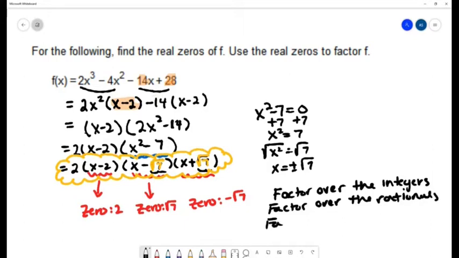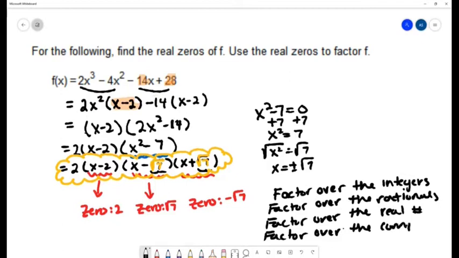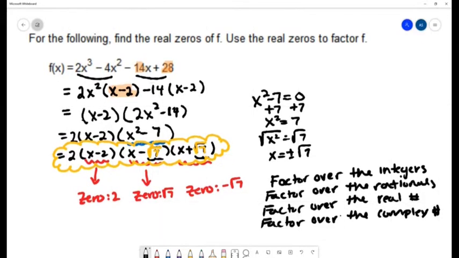We can factor over the real numbers, and we can factor over the complex numbers. And all of this is just how far you go with your factorization.